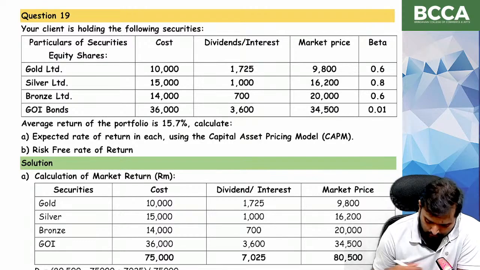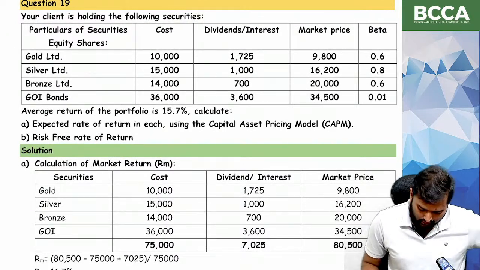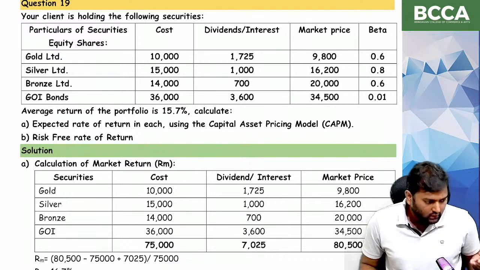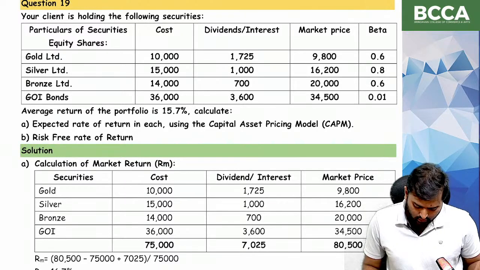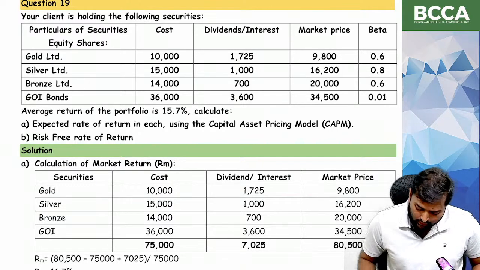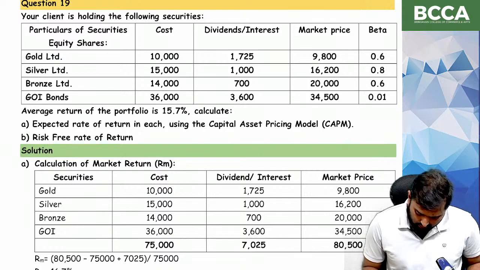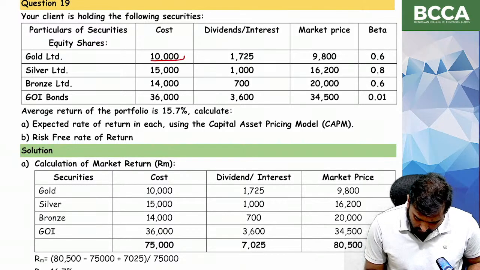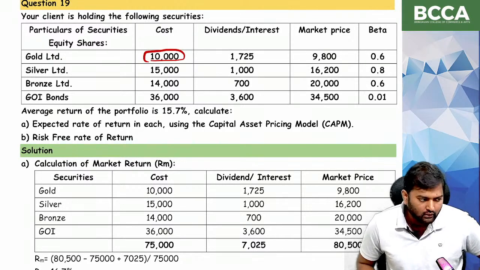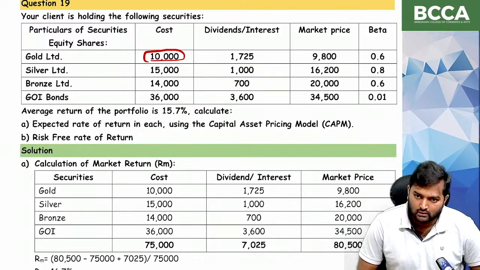Clear? Question number 19. Your client is holding the following securities: gold, silver, bronze, Government of India bonds, with cost given, dividend or interest given, market price and beta. Our investment in Government of India bonds is 10,000 and market price is 9,800.